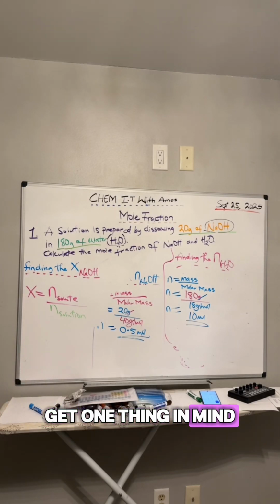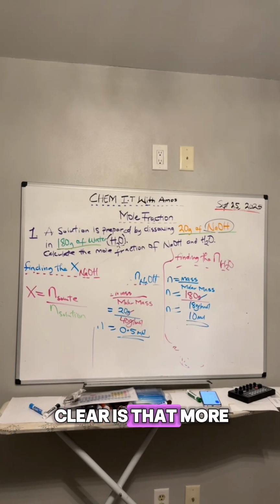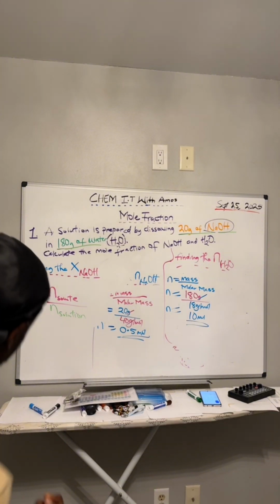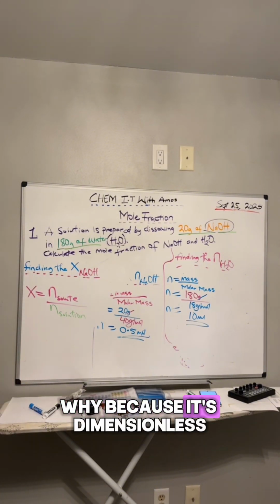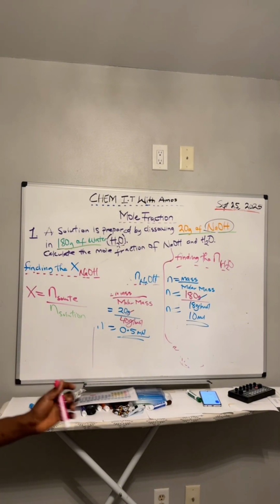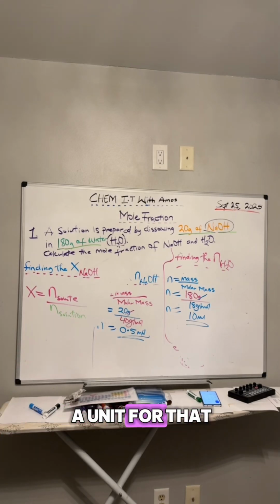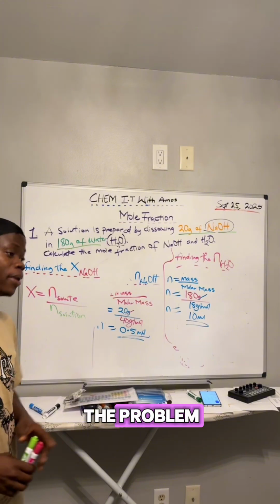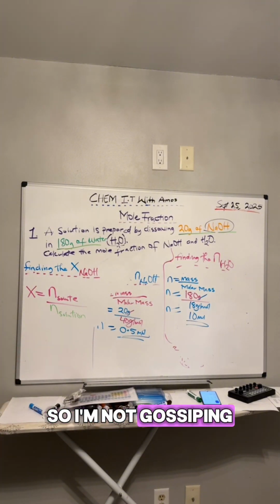Get one thing clear: mole fraction does not have a unit. Why? Because it's dimensionless. You are going to see it with your eyes as we solve the problem, so I'm not deceiving you. Okay?